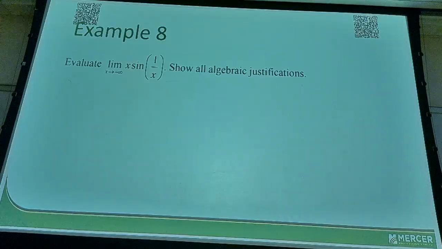Limit as x approaches negative infinity, x times sine of 1 over x. Let u be 1 over x.